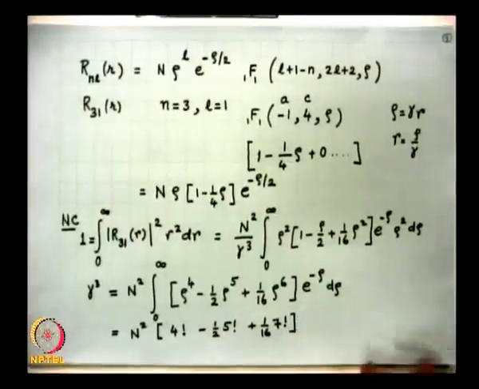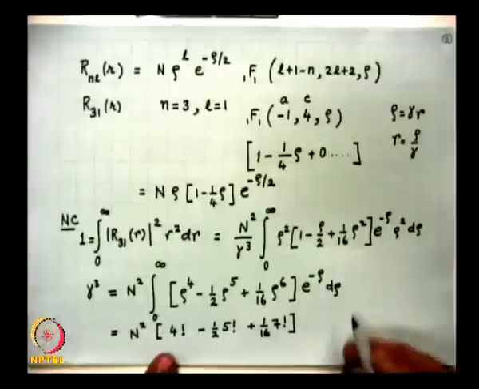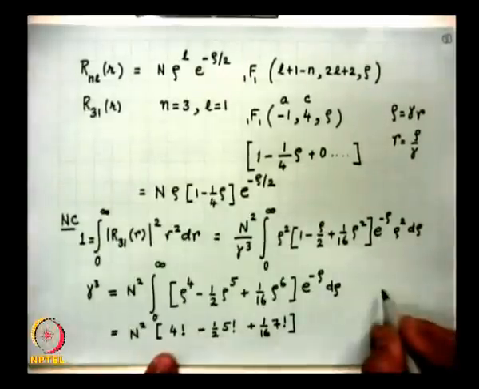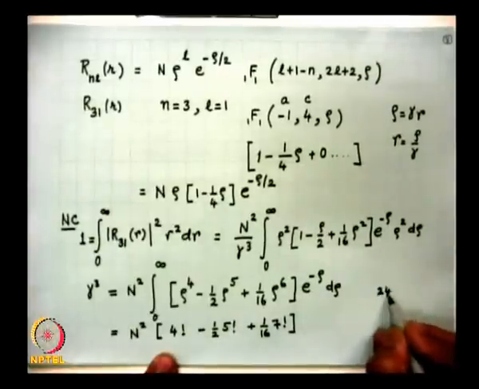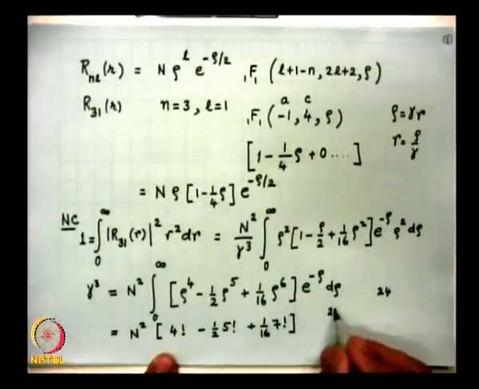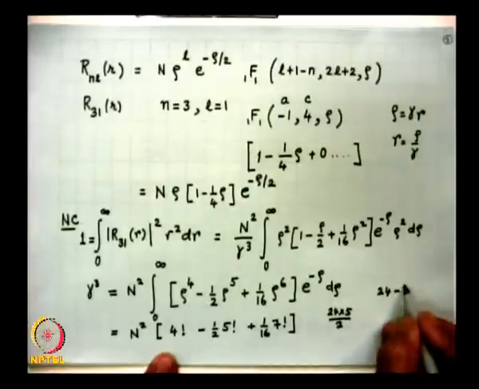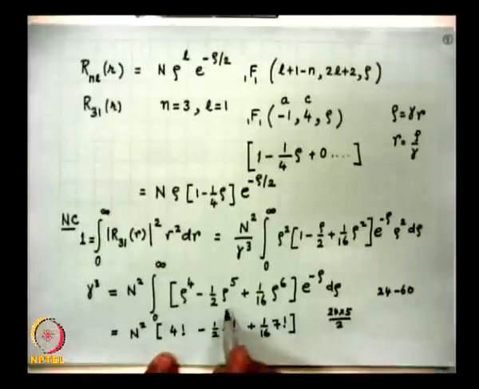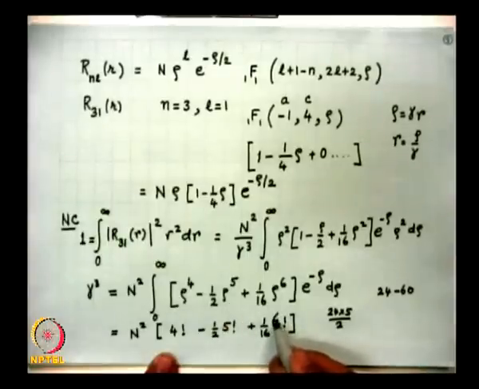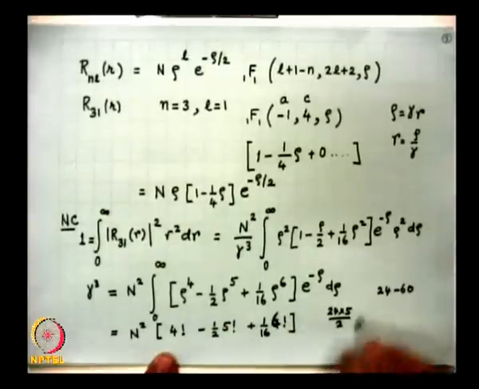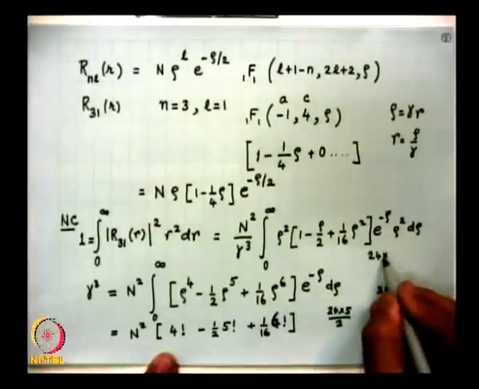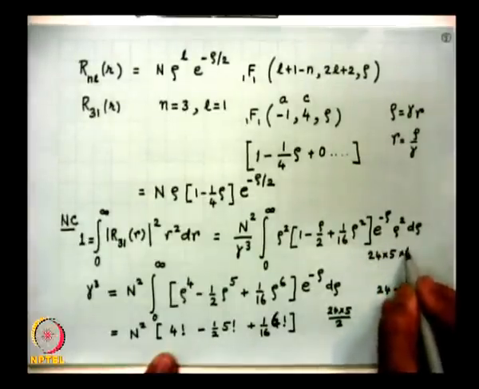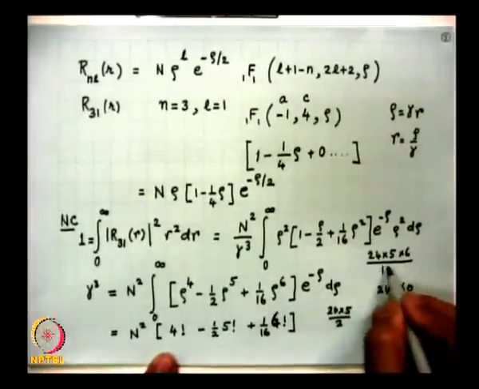So, if you do the algebra, this is 24, and this is 24 into 5 divided by 2, that is minus 60, plus 24 into 5 into 6 divided by 16.